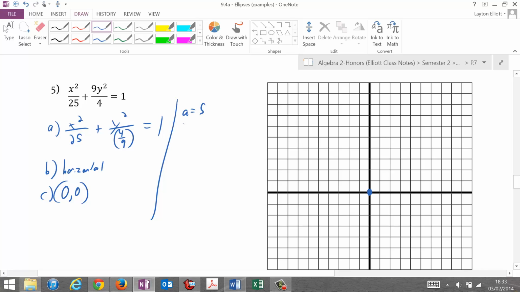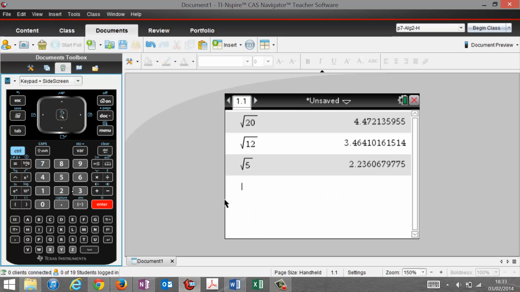Let's see, A is equal to 5, B is now equal to 2/3, and I can't really rescale this that well, so we'll just do the best we can with a 2/3 B. If I do subtraction, and I say the square root of 25 minus 4 ninths. Let's see. 25 minus 4 ninths. Let's just cheat.